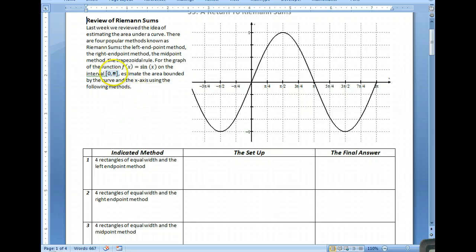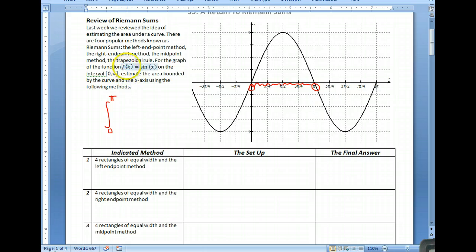From 0 to pi, which is going to be 0 to pi right here. So I'm trying to find the area under the curve from 0 to pi. So using the notation we just learned, what would that look like? Let's write that right here. Pi up here.